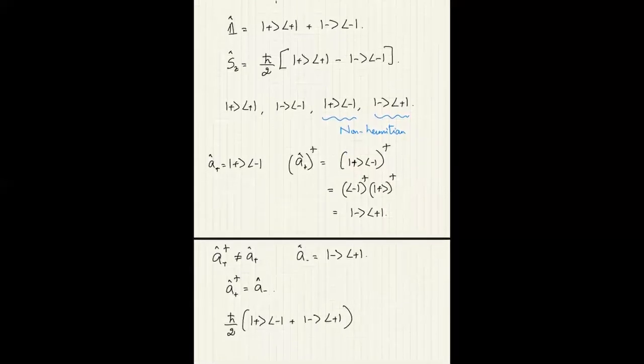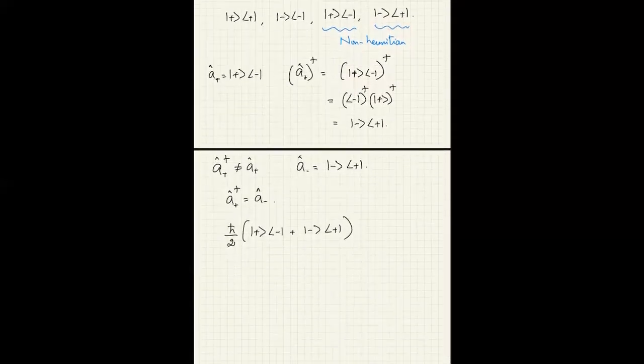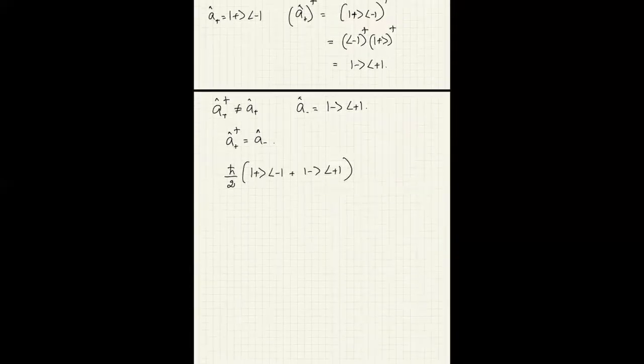In the case of spin 1, the spins are measured in units of h bar. In the case of spin 3 halves, the spins are measured in units of 3 h bar over 2, and so on and so forth. H bar is a fundamental unit of angular momentum. And angular momenta are either half integral multiples or integral multiples of h bar.